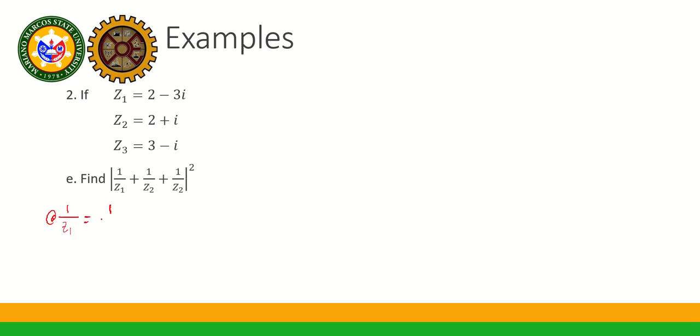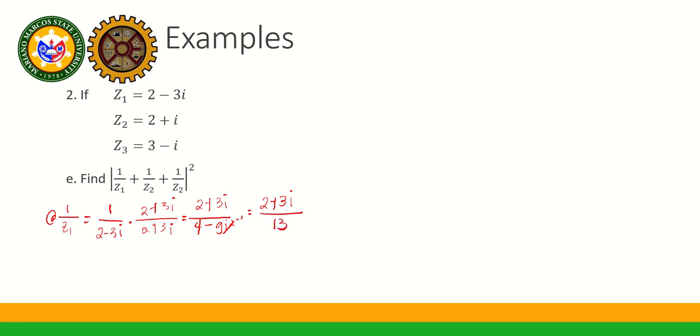This is 1 over 2 minus 3i times 2 plus 3i over 2 plus 3i. So this is 2 plus 3i over 4, 2 squared, minus 9i squared. And this is negative 1. So this is 2 plus 3i over 4 plus 9, that is 13. This is like an example number 1.